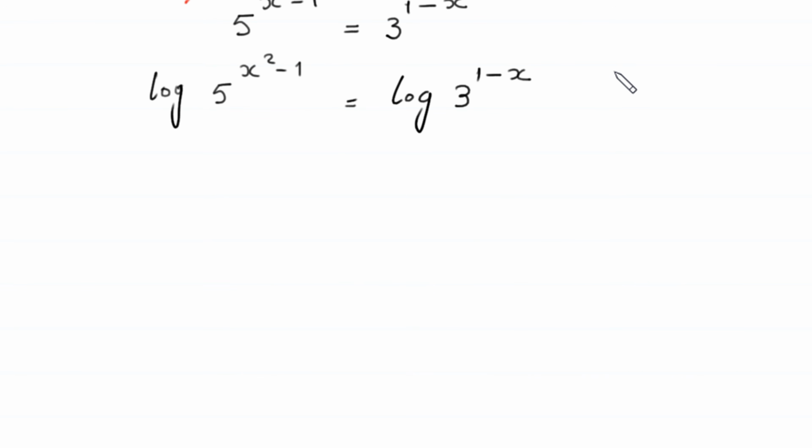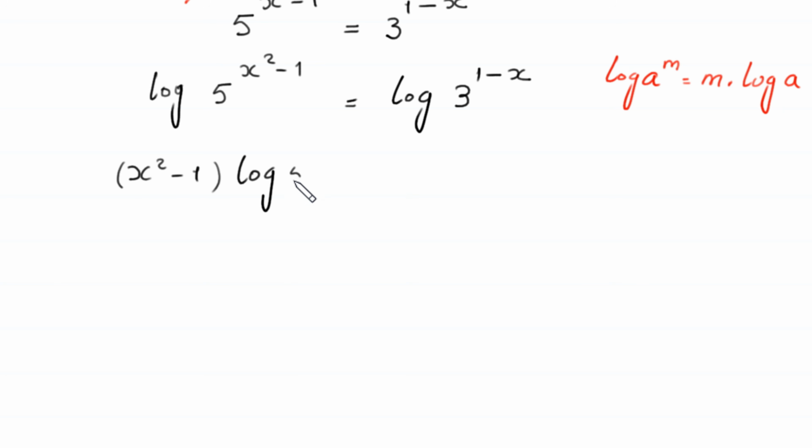Now by using this log property, log of a to the power m is equal to m times log of a, this will become x squared minus 1 times log of 5 is equal to 1 minus x times log of 3.